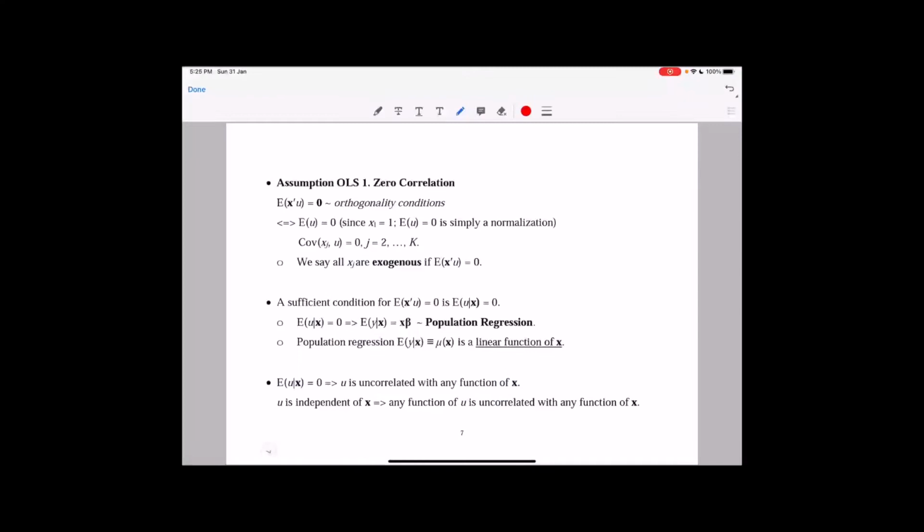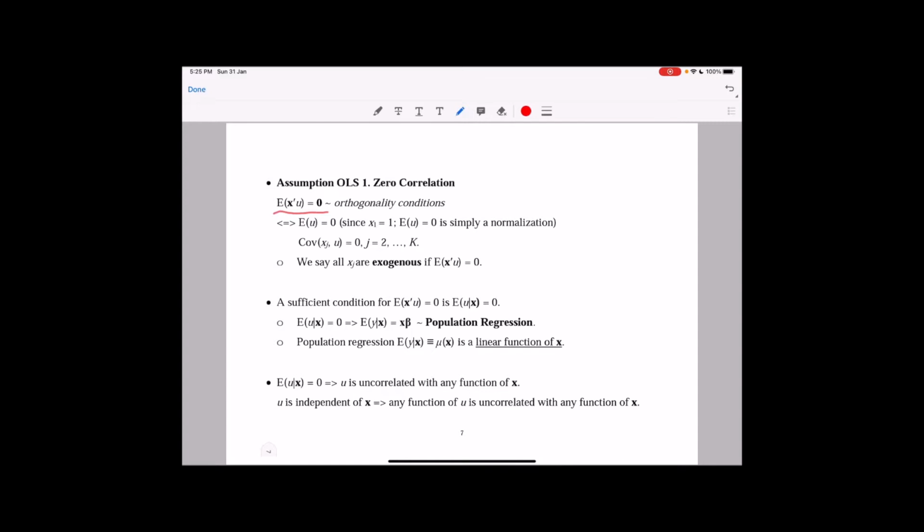So we need to make some assumptions. The first assumption for ordinary least squares is zero correlation. The assumption is that E[x'u] equals 0, a zero vector. This is also called the orthogonality condition.